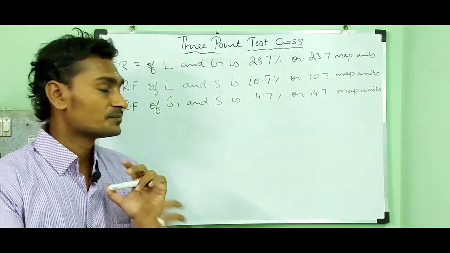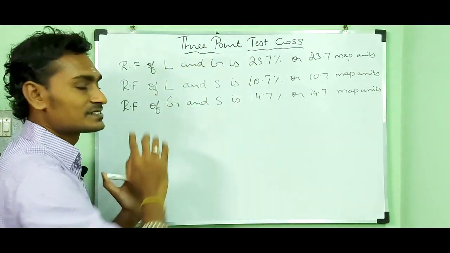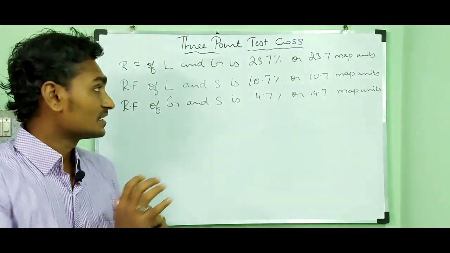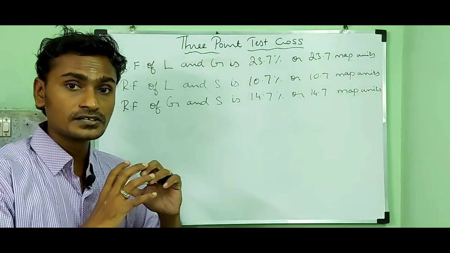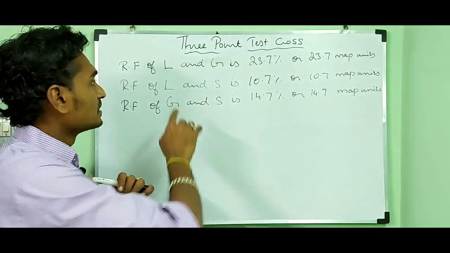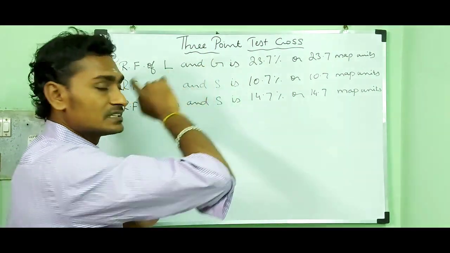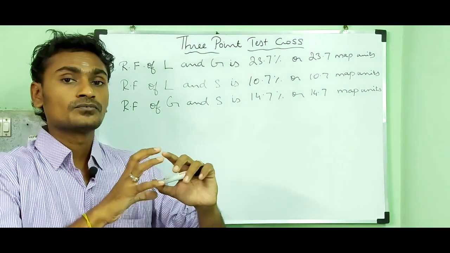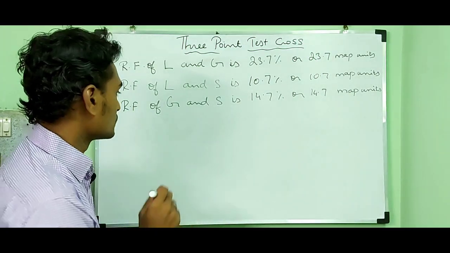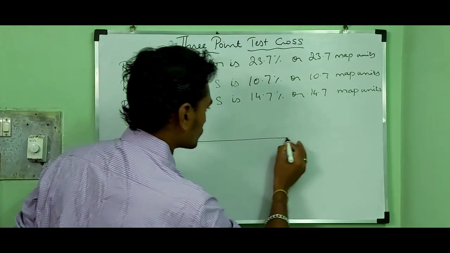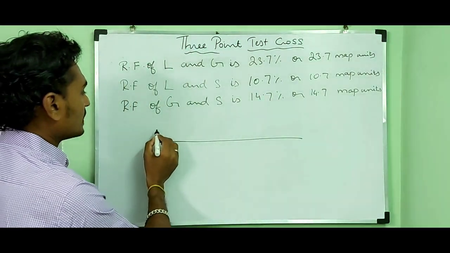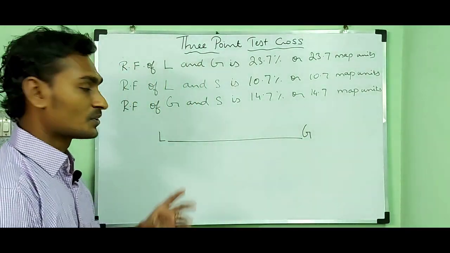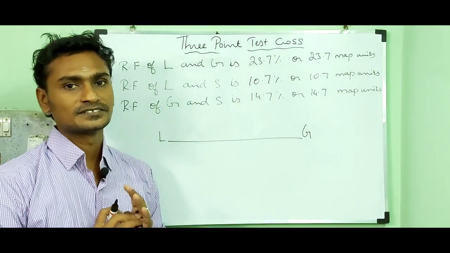It shows these two alleles are located far away from each other, because here the recombination frequency value is more. That means the L and G loci on the chromosome are far away from each other.